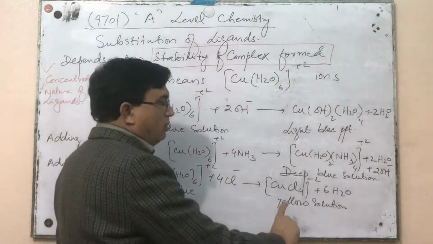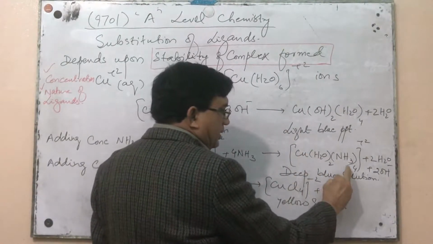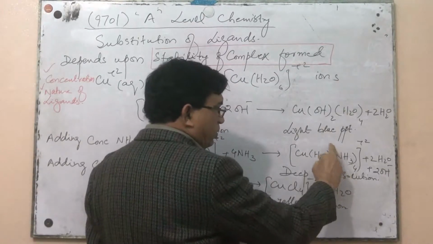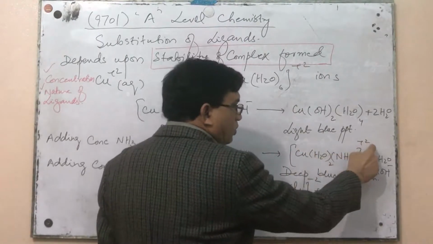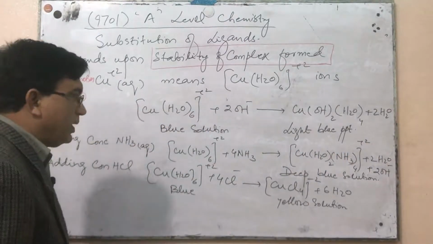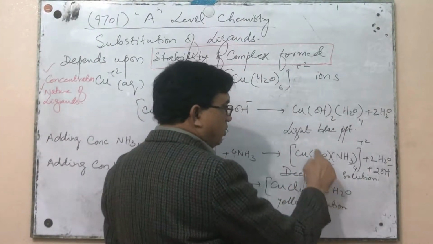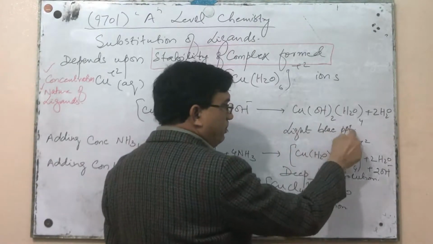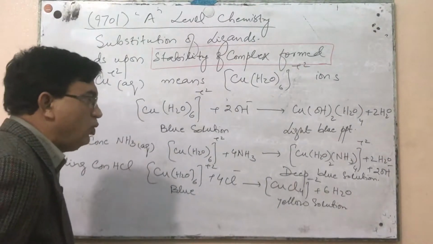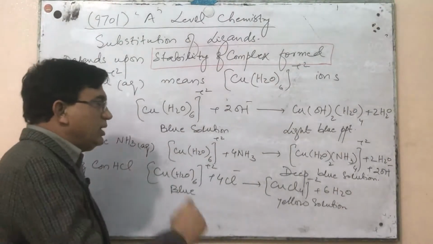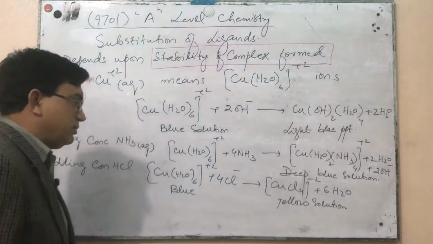The more stable complex will be formed, which is the tetraammine diaqua copper 2 ion complex. This is a deep blue solution in which the whole light blue precipitate is totally dissolved. It first turns deep blue and then dissolves. It means that a more stable complex is formed in this case.